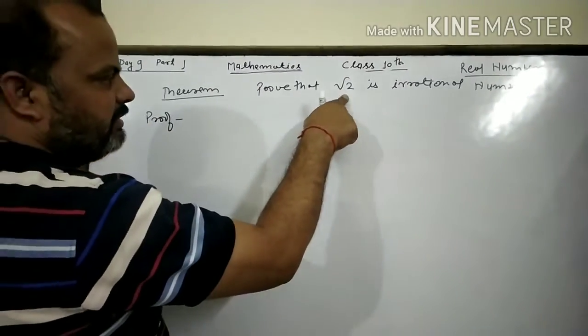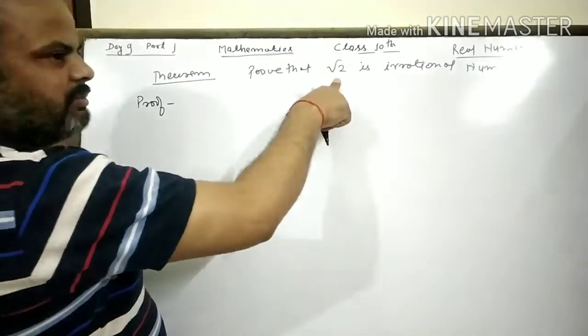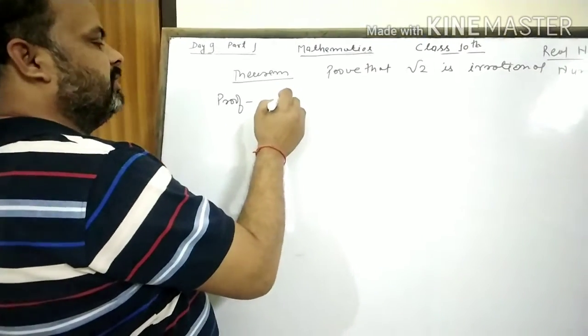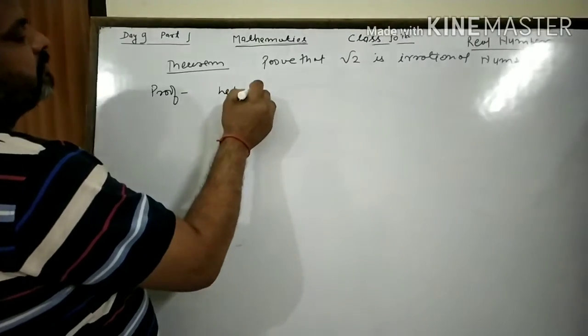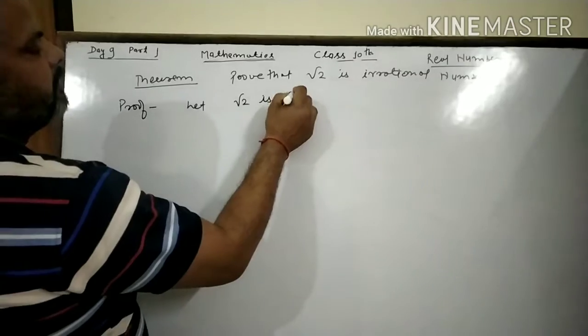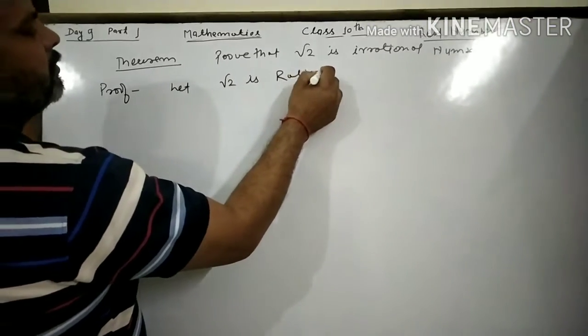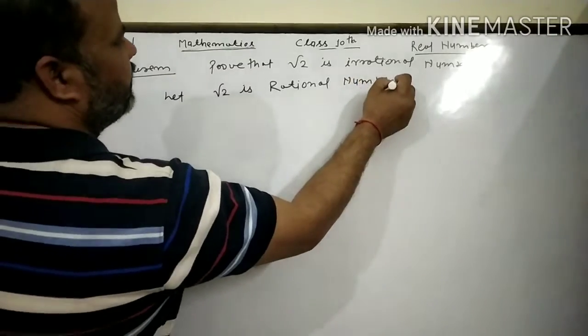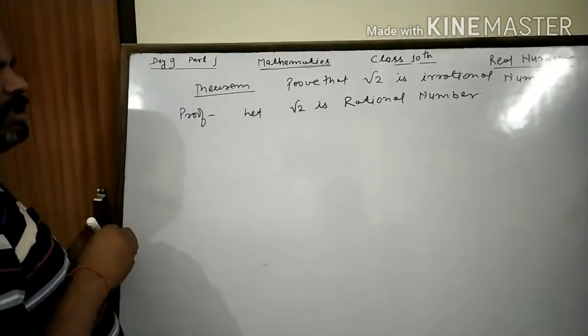Here it is given that root 2 is the irrational number, then you consider root 2 is a rational number. Let root 2 be a rational number. Here we suppose root 2 is a rational number.